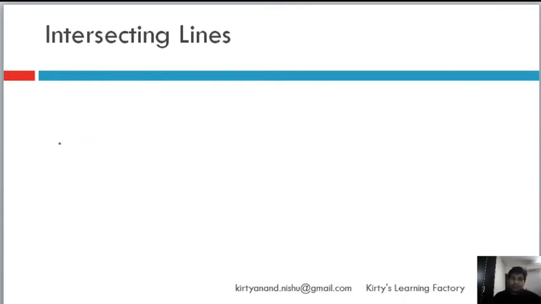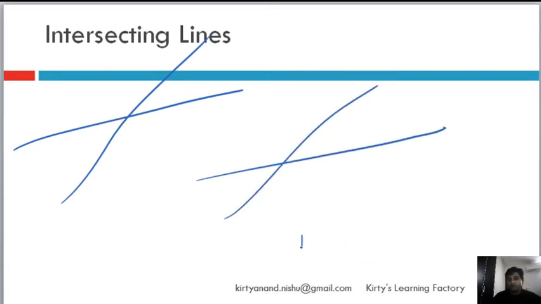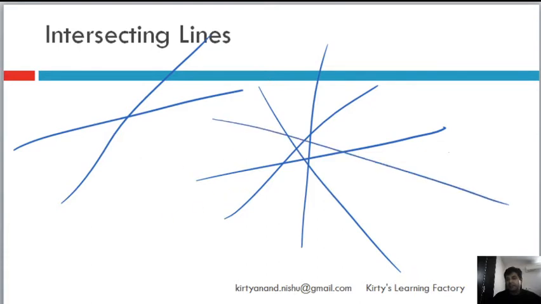So basically, see, any two lines or more than two lines, like three lines, four lines, n number of lines, if you draw them in such a way that they intersect, means to cut each other at a certain point. The mathematics word is intersect. So all these points are points of intersection.